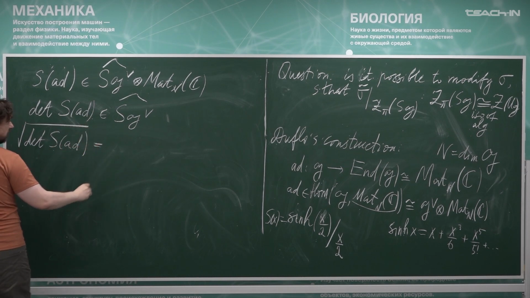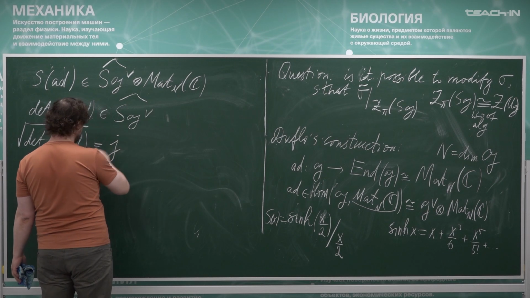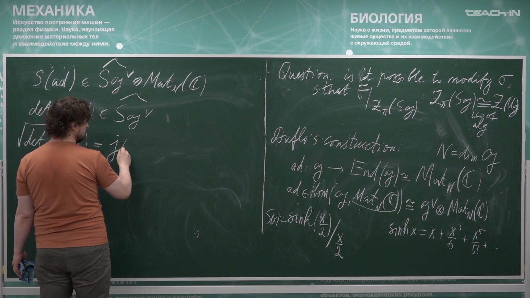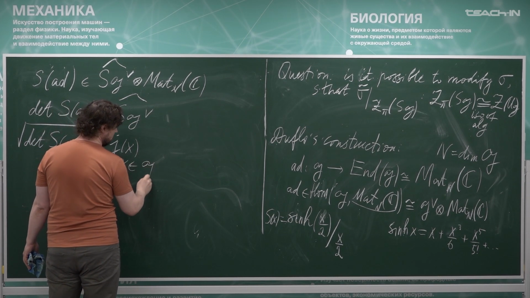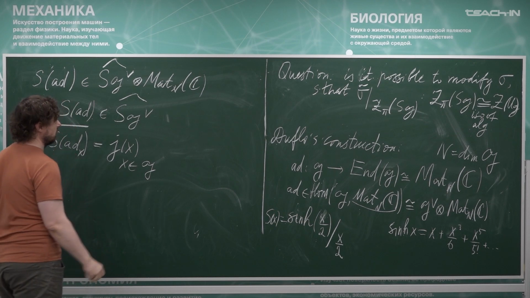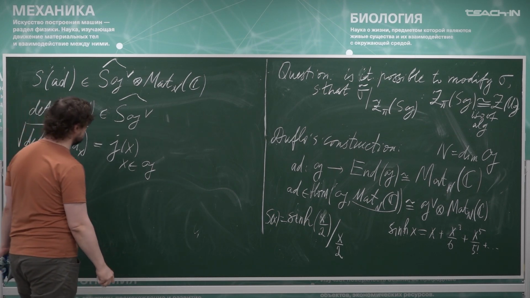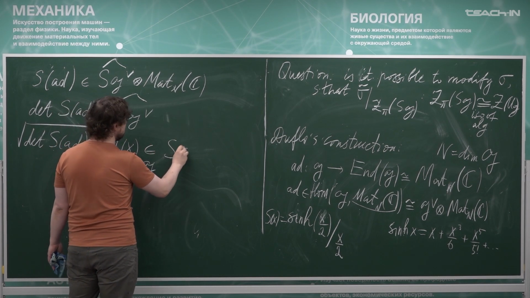And now denote this as J of x. X is an element in G, right? So this is again an element here.